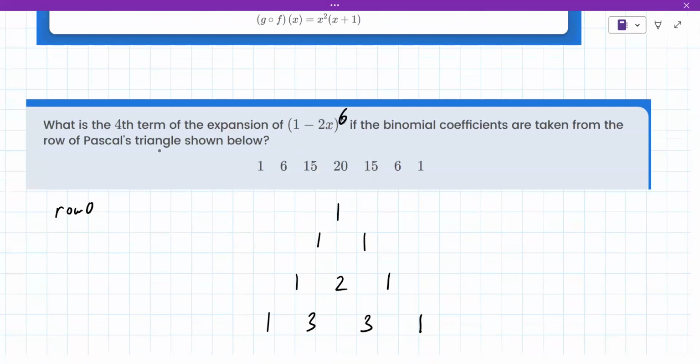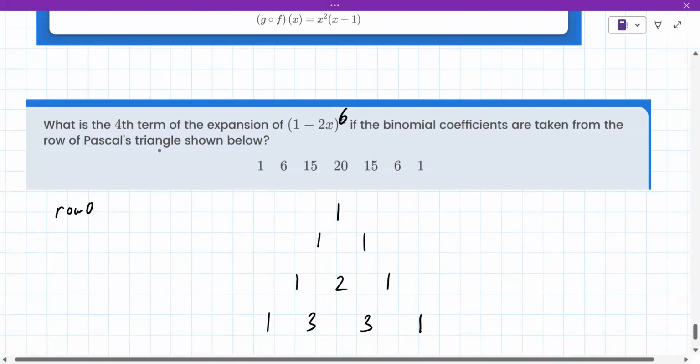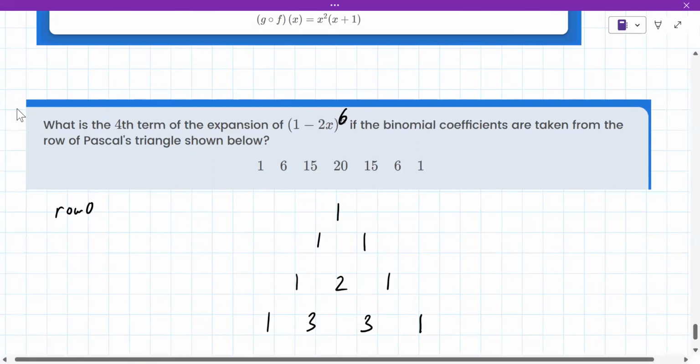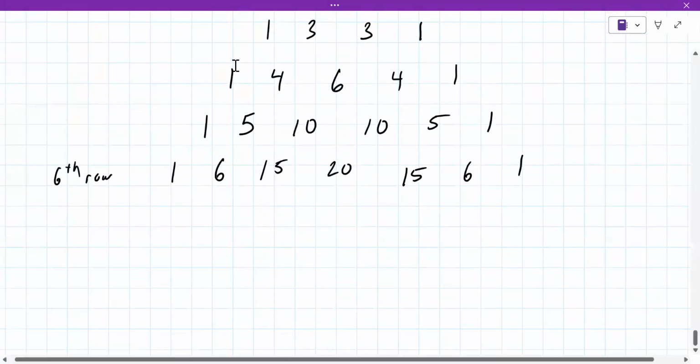So actually n is 6 in this problem. Is that okay? All right. Now, there's so much to do just to answer this problem. I can't even believe what they're doing here, but that's what they're giving you. So we'll have to do that.